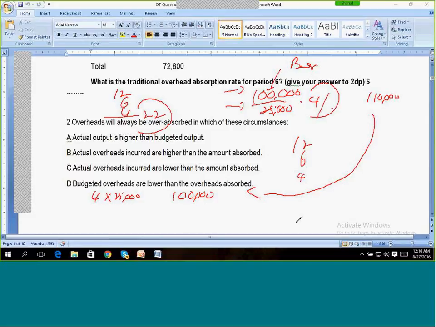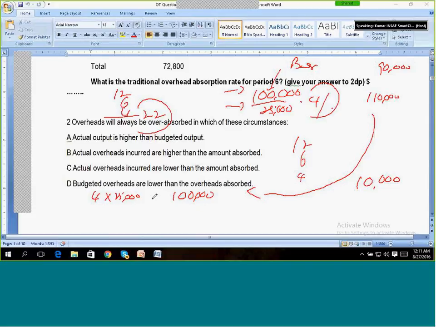So 10,000 under absorption. The reason is we determine figures, and when we compare with the actual figures, you might find things different, and therefore there can be an under absorption. What if the total actual overheads are 90,000?